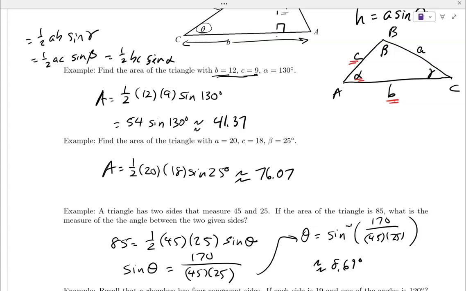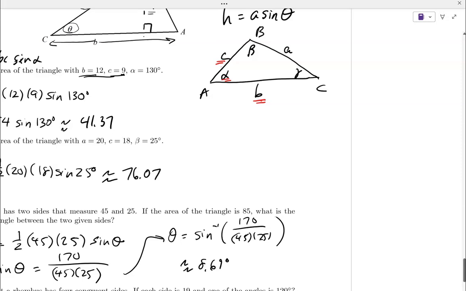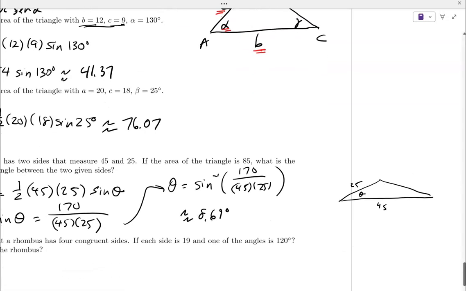The reason for that is that you could have had a triangle where the angle between the two sides was tiny, right? Something like this, where this was your theta, and then you had 45 and 25 here, right? We agree with that? But you could have also had a triangle that went this way. And this one being 180 minus theta.